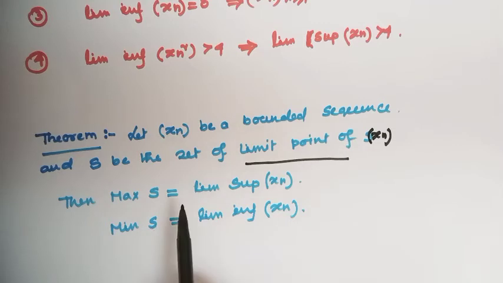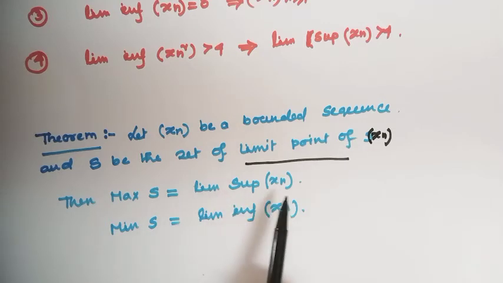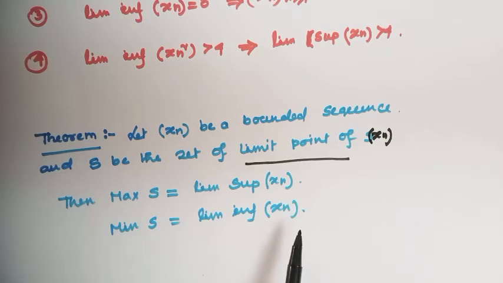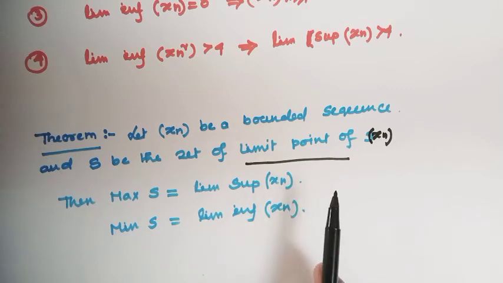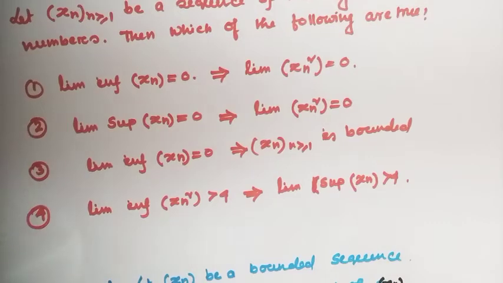Then maximum of S equal to limit superior xn and minimum of S equal to limit inferior xn. By using this theorem, I am going to create a counter example for the first option.